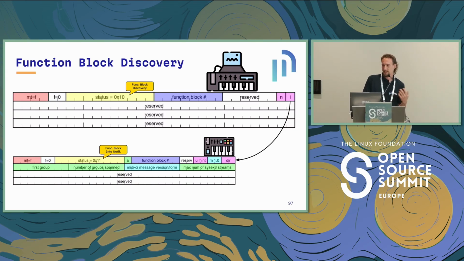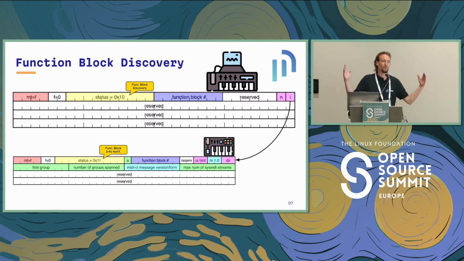Similarly, I can ask for the function block, like asking, hey, function block 1, what is it? And it will answer. Again, you see a bitmap to ask for either the name or the function block information. And in that case, we have which direction it is, what the group number is, and how wide it is in number of UMP groups.